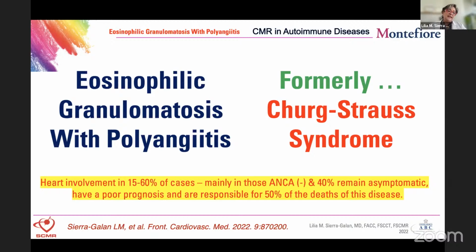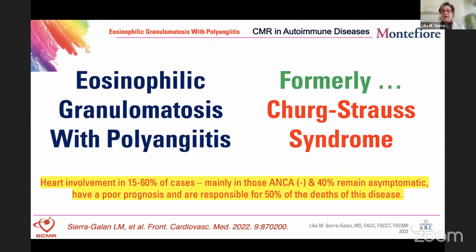And this disease has heart involvement in 50 to 60% of the cases, mainly in those cases that are antibody negative, ANCA negative. So be careful with that. And 40% remain asymptomatic. So again, we have to have a high grade of suspicion.